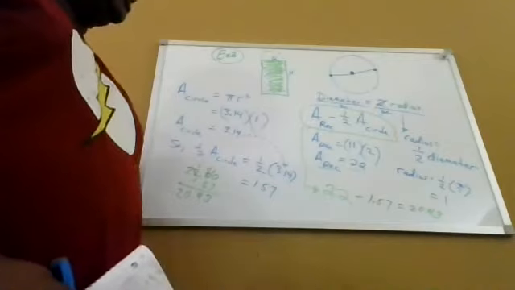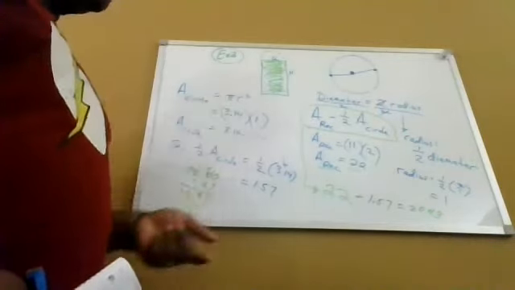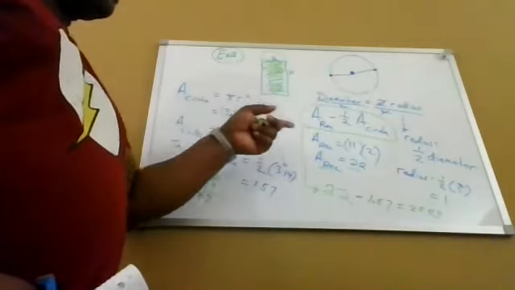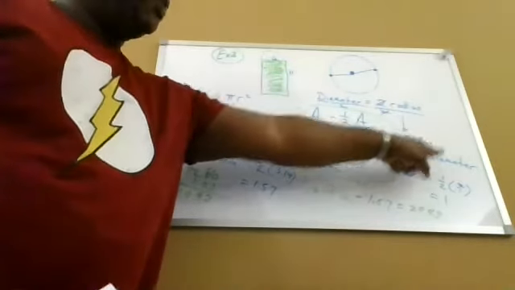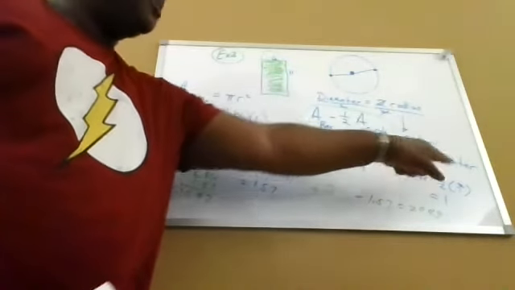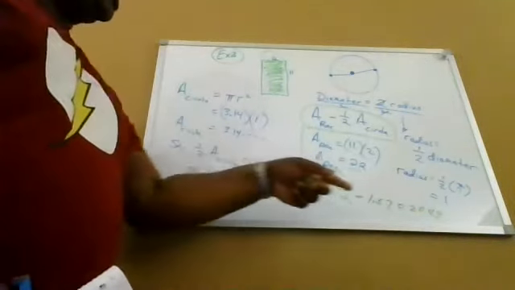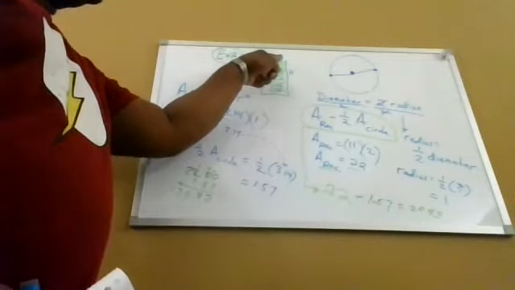And then we had to calculate the area of the circle. Pi r squared. And we found out that the radius equals 1/2 of my diameter. And I was told that my diameter was equal to 2.